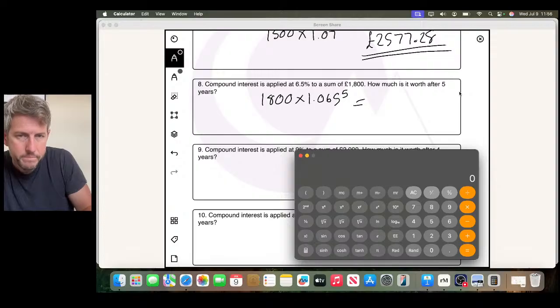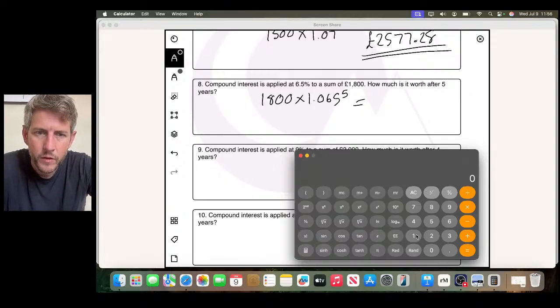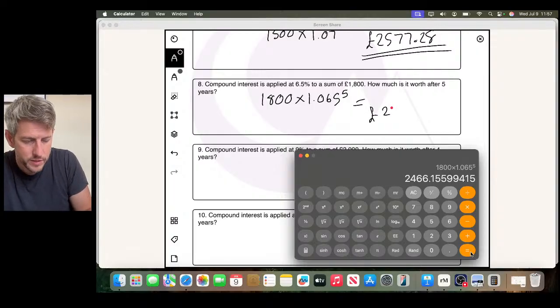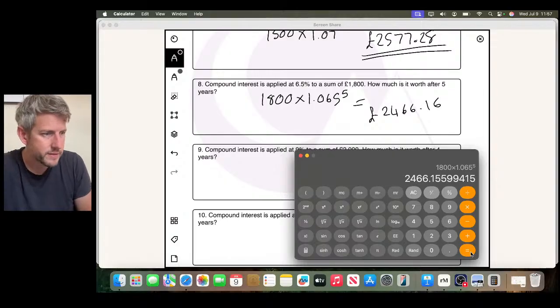Okay, so let's do that here. 1,800 times 1.05 to the power of 5. Oh, no, I'm getting that wrong. 1.065 to the power of 5. Okay, so here we go. This one will be 2,466.16.